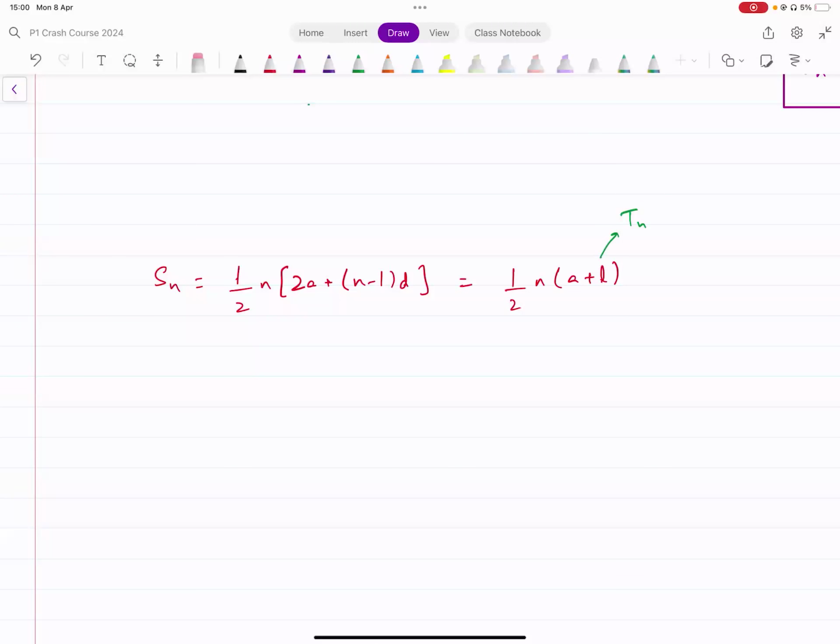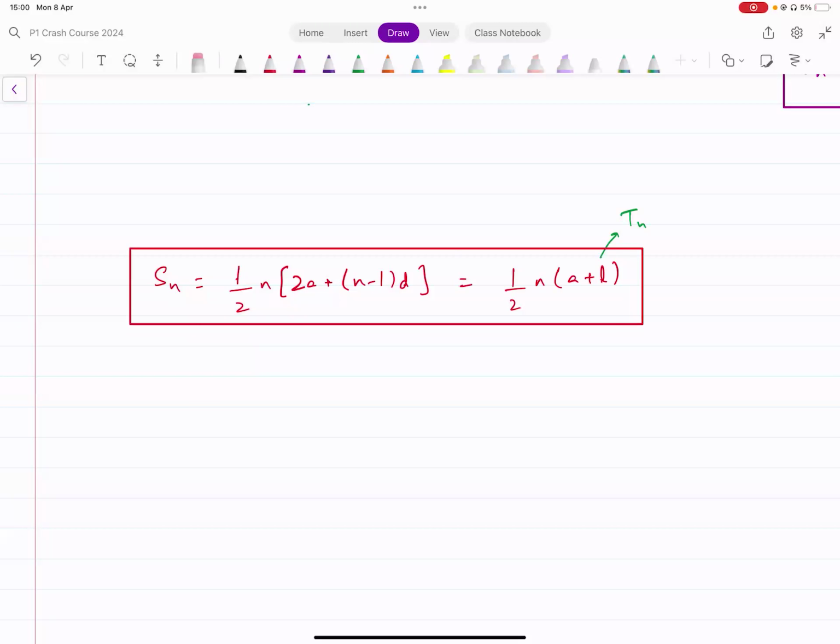These are the two sum formulas that we've got. Sn means sum of the first n terms. And the second formula is only used when you already know the last term. Okay. Otherwise, you always use the first one.